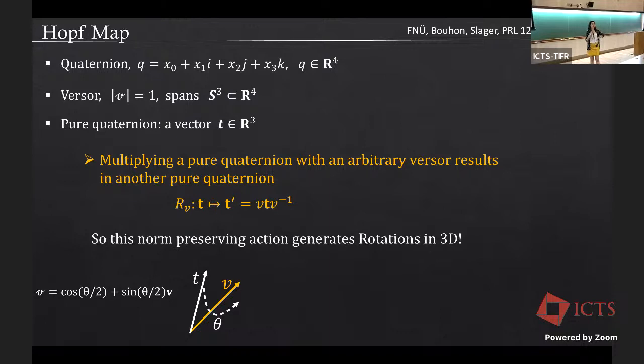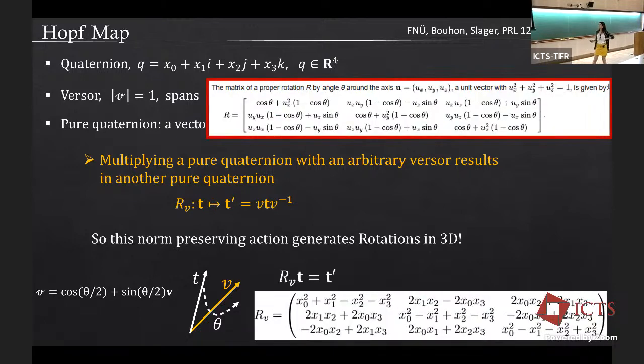This is another way of writing our normal SO(3) rotations. So I have a vector T, and I am rotating it around the versor vector V by an angle theta. I can write this action R_mu of T equals T prime. If I insert these versors, for example taking T to be the unit vectors, I can find its elements column by column and form this matrix.